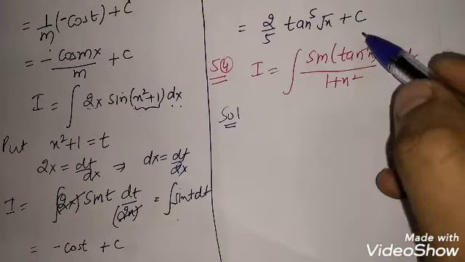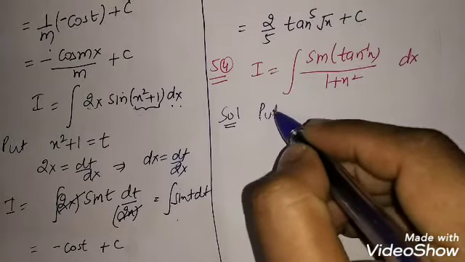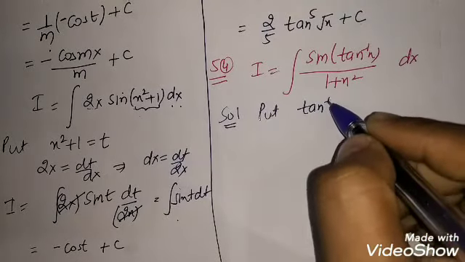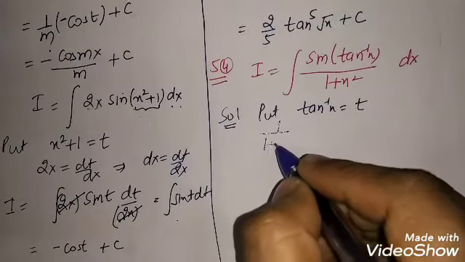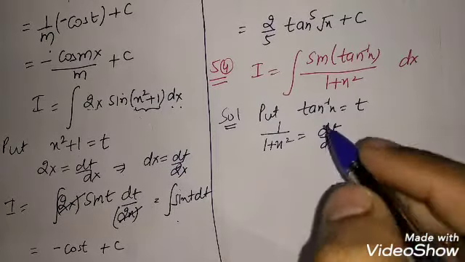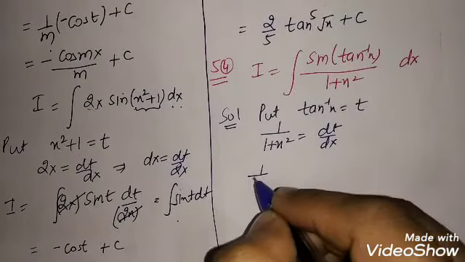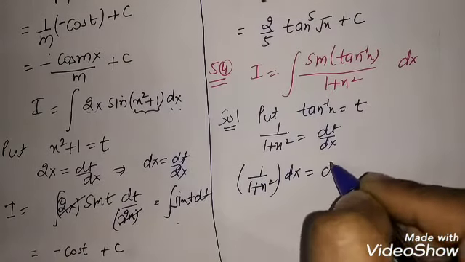We know that the derivative of tan⁻¹ x is 1 upon 1 plus x². Put tan⁻¹ x to be t. Differentiating with respect to x, we get 1 upon 1 plus x² equal to dt upon dx. So 1 upon 1 plus x² times dx equals dt.